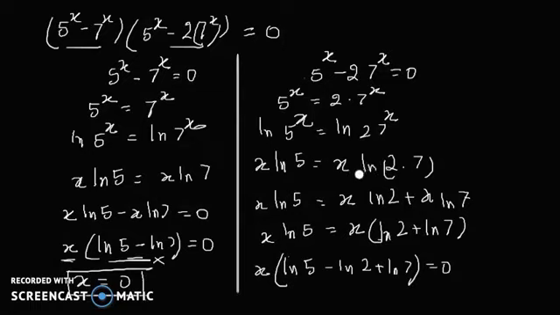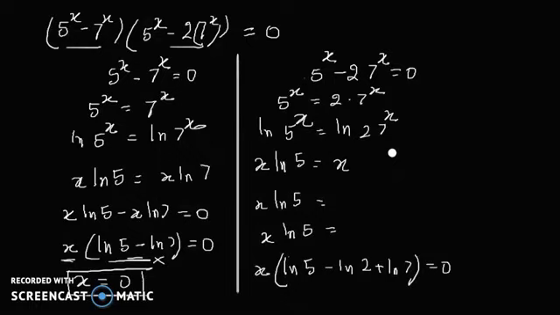So this has to be x ln 2 plus x ln 7. So x ln 5 minus x ln 7 is equal to ln 2.